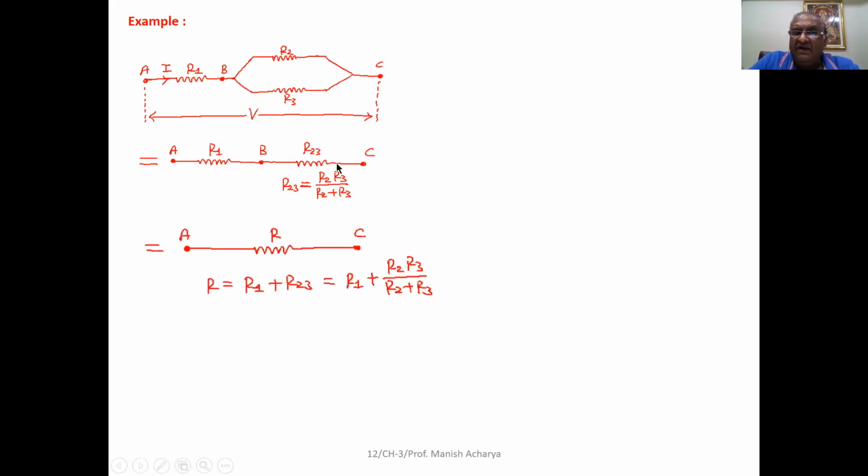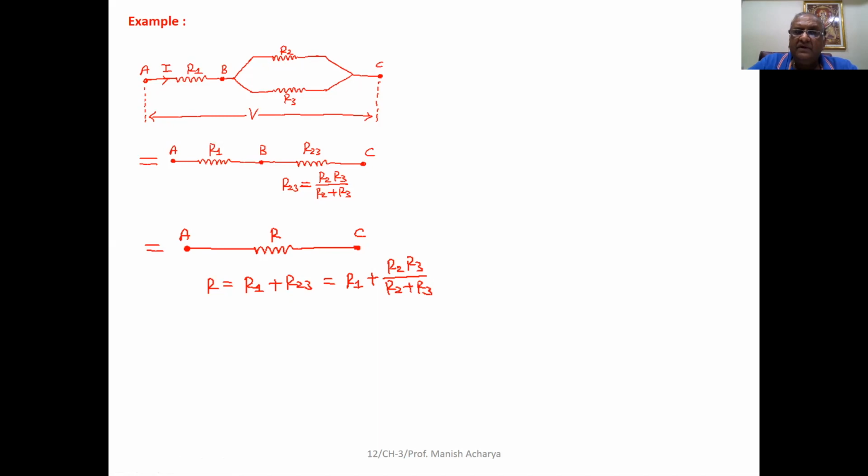Suppose the equivalent resistor of this series combination is R. Then finally our equivalent circuit is A to C, only one resistor R. And this resistor R equals R1 plus R23. Now substitute the value of R23. So we can write R1 plus R2 R3 upon R2 plus R3.